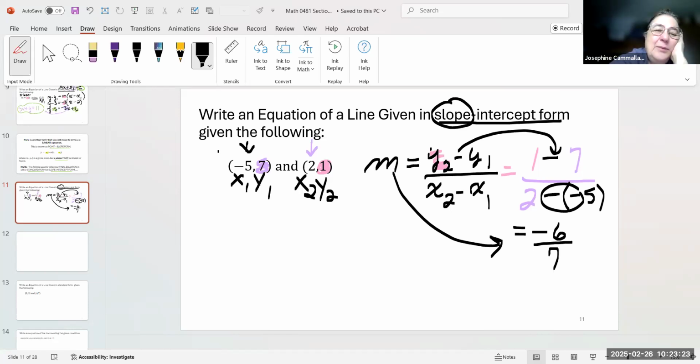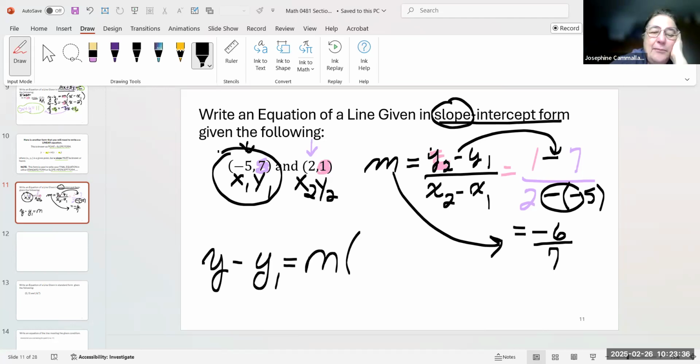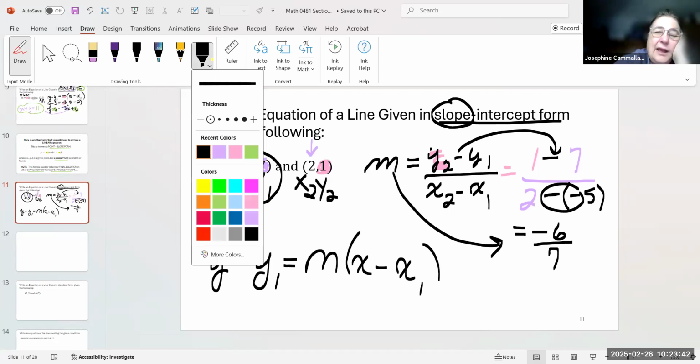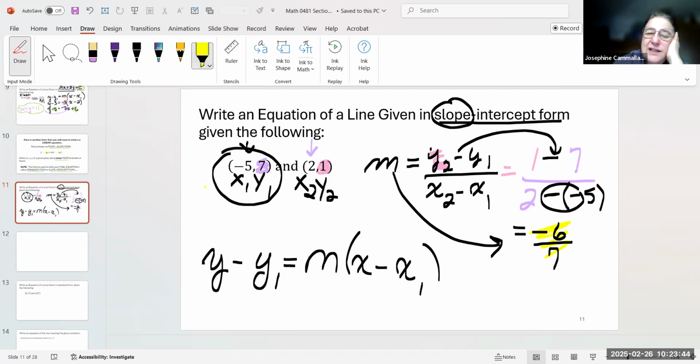Well, remember this lovely point? This is going in y minus y sub 1 is equal to m times x minus x sub 1. This is my slope.